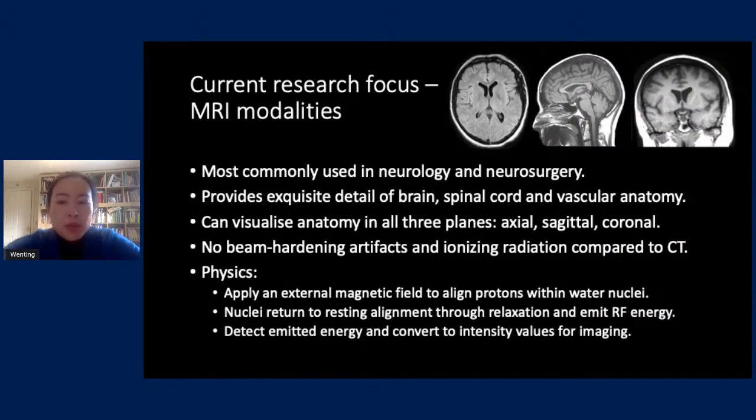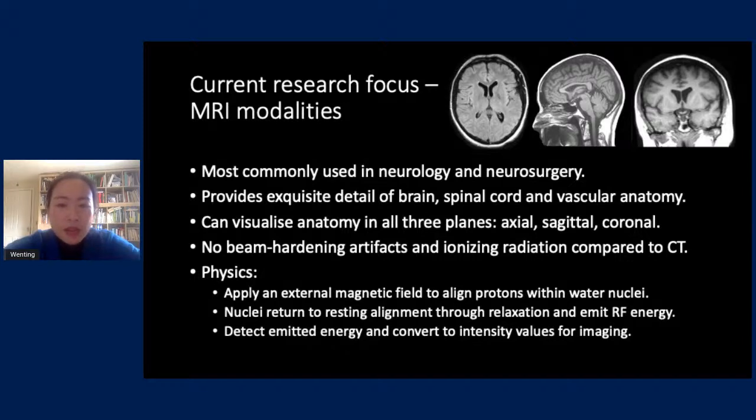The focus is here because MRI is, first of all, commonly used in neurology and neurosurgery. It provides very good detail of the brain. It can cover the spinal cord and vascular anatomy. It visualizes this anatomy in all three planes.